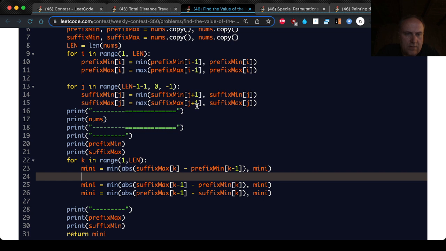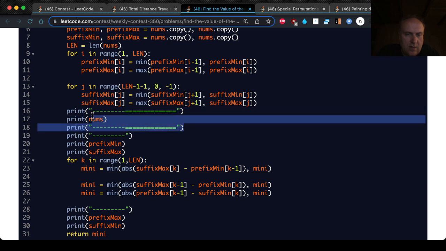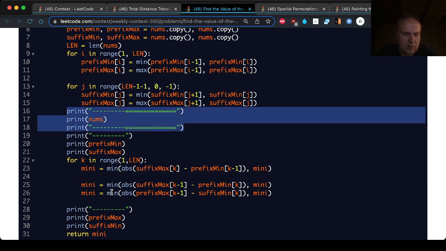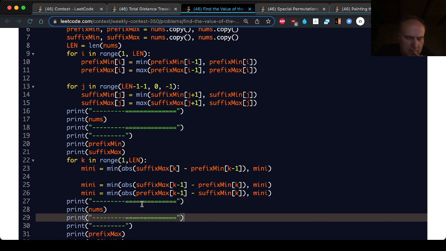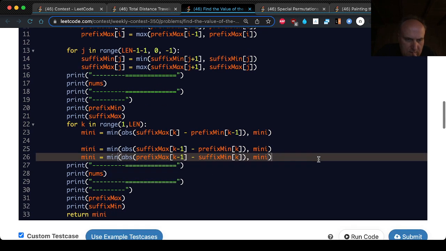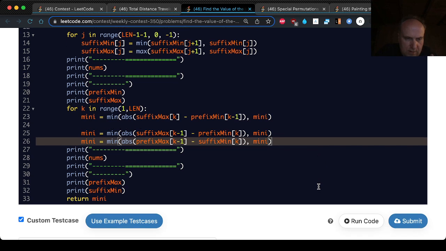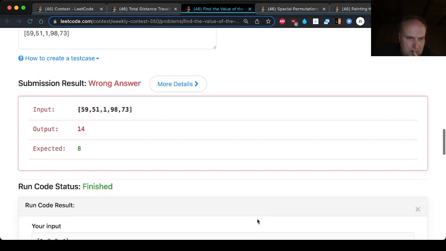Right, so let's do prefix min, suffix max. What about prefix max? Okay, so let's double check the prefix max, suffix min. Is it correct?